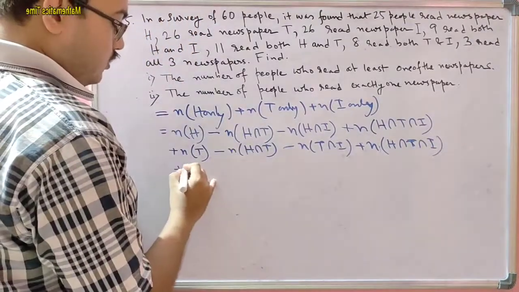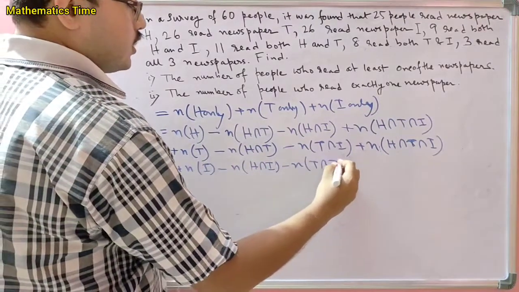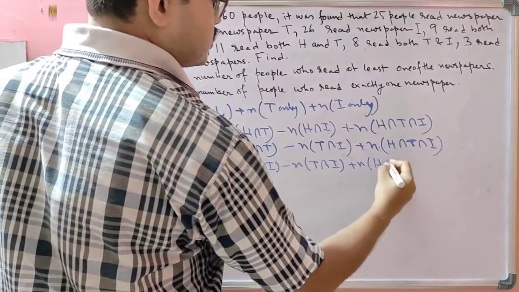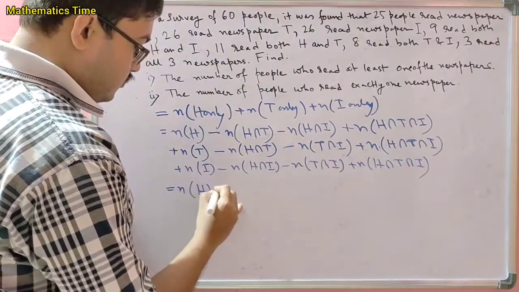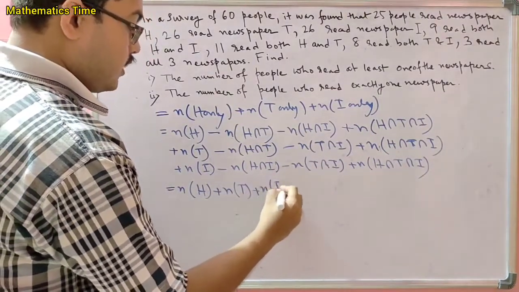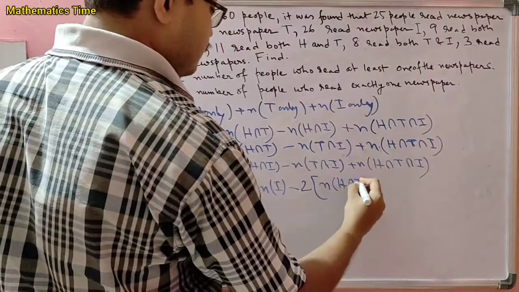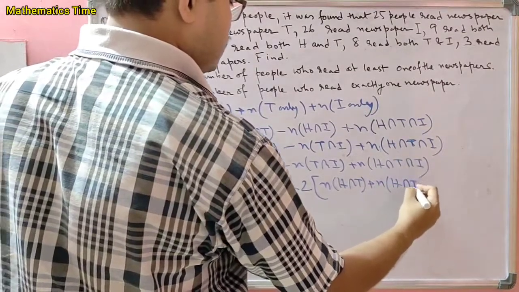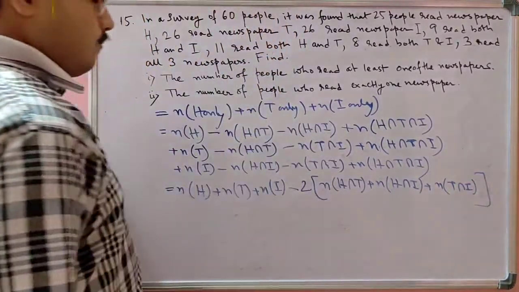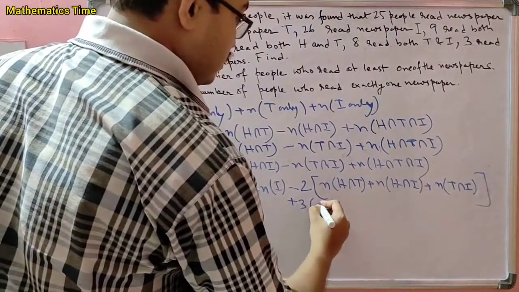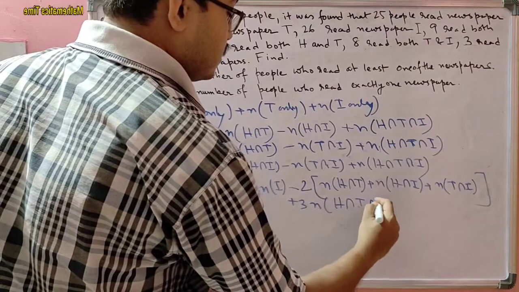Again for I, this will be n of I minus n of H intersection I minus n of T intersection I, plus n of H intersection T intersection I. Now this will be like this: n of H plus n of T plus n of I minus 2 into n of H intersection T plus n of H intersection I plus n of T intersection I, and plus 3 into n of H intersection T intersection I.